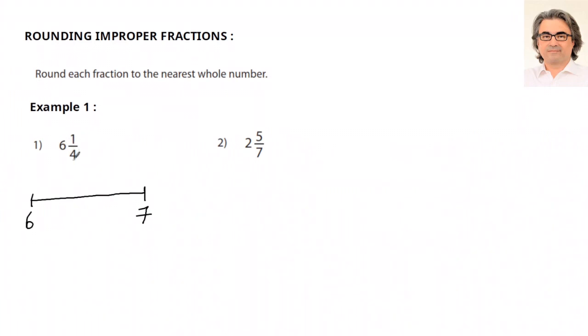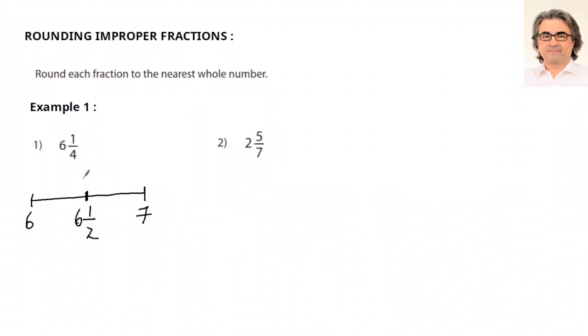Now, you know the midpoint of this interval. If here is the midpoint of this interval, then it will be 6 and 1 over 2. So I should compare 1 over 4 and 1 over 2. 1 over 4 is less than 1 over 2.